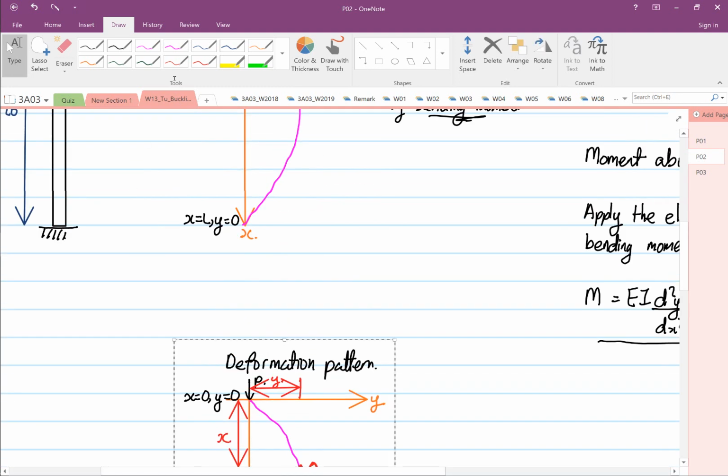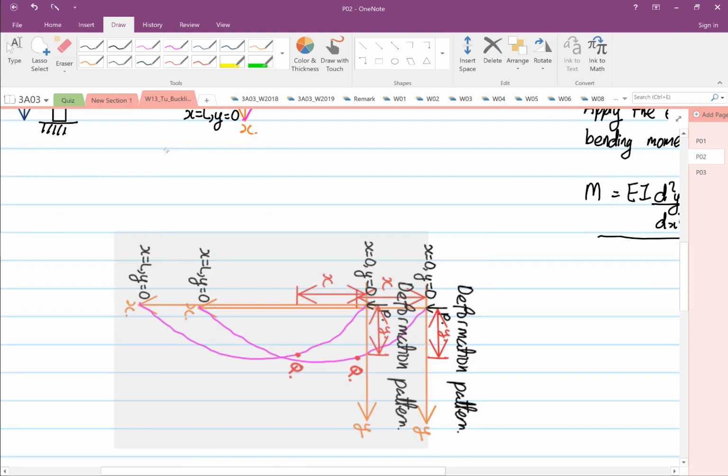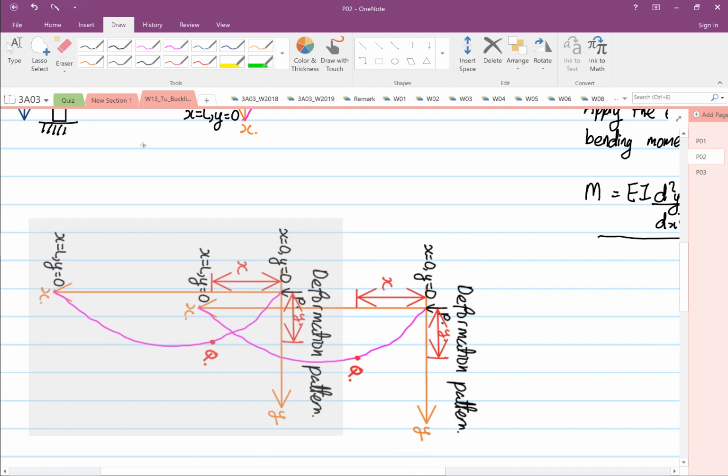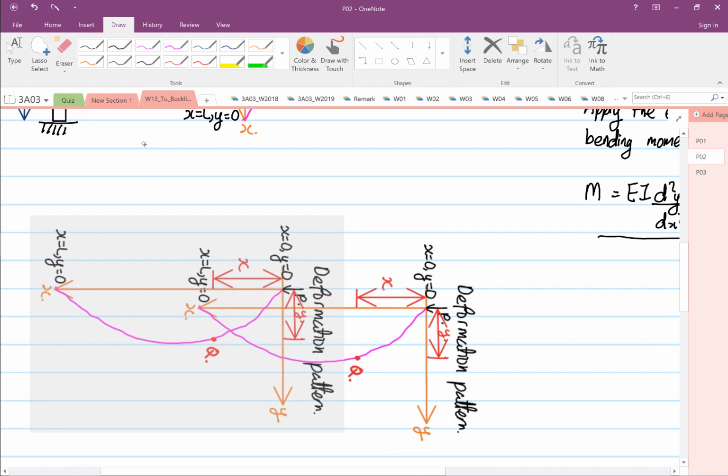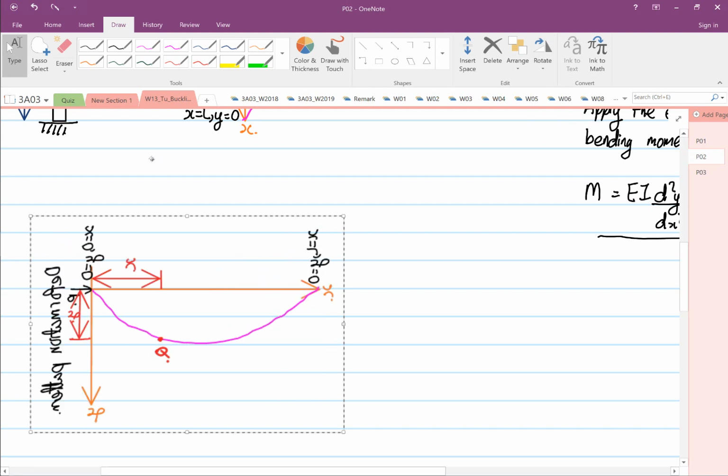What if now my structure is rotated this way, or I can flip it horizontal?